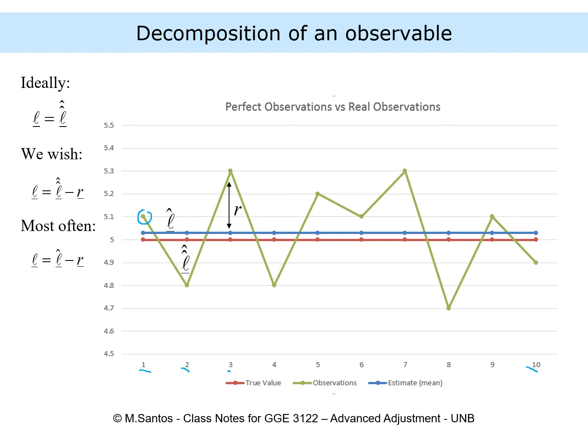These are the L values, in green. And the estimates, slightly larger than 5, are represented in blue.